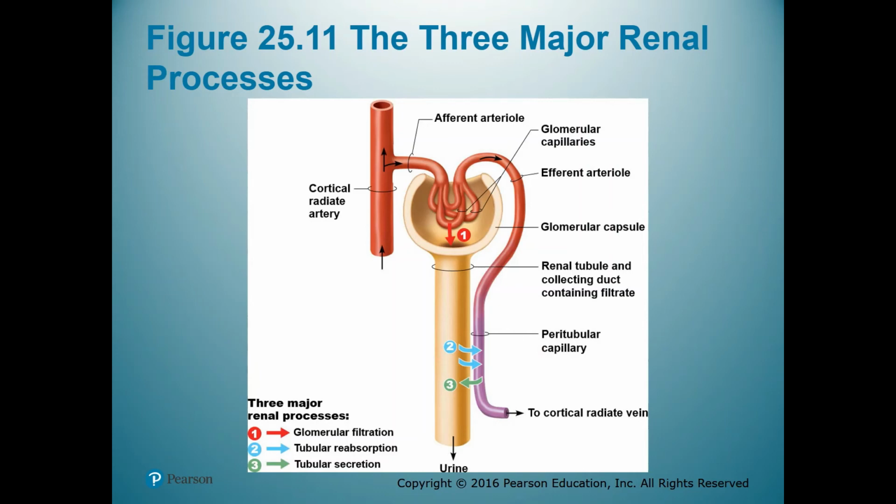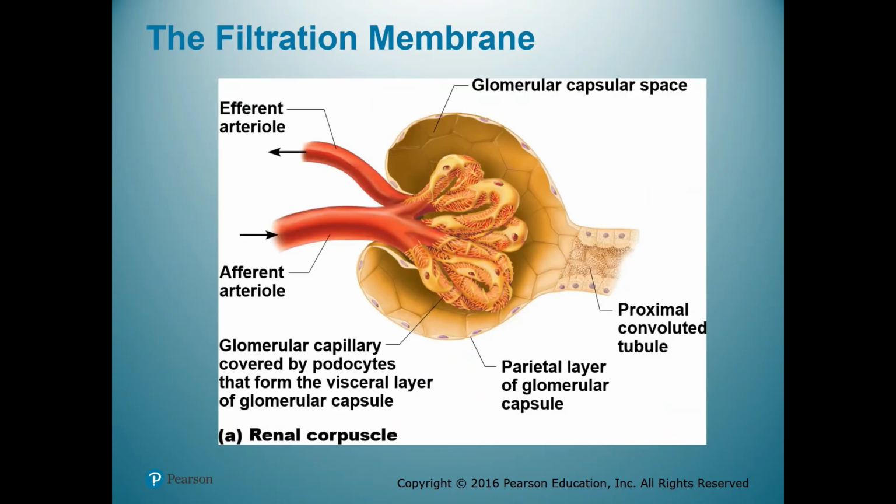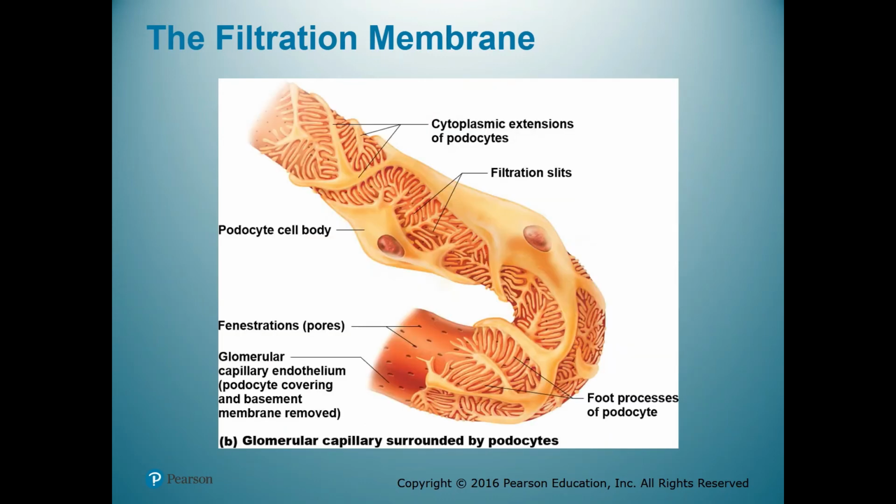Really good view here of the capillaries that flow into Bowman's capsule and how filtration begins. A lot of this stuff is going to be important for your lecture, so not so important for our lab.